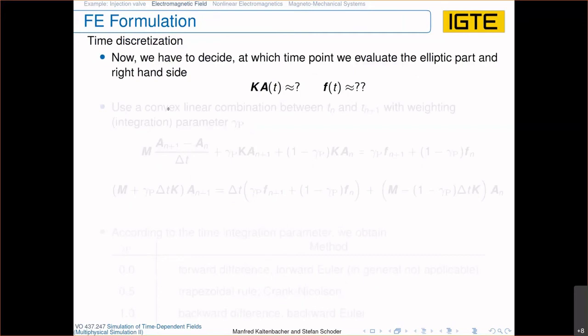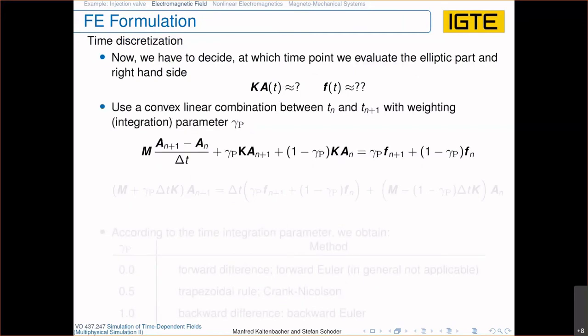For this case, the best and general approach is the so-called convex linear combination. So we do a convex linear combination between the two time levels T_n and T_{n+1} with some weighting parameter.